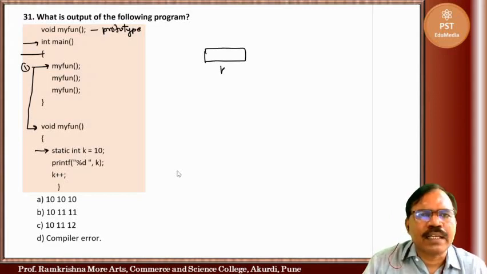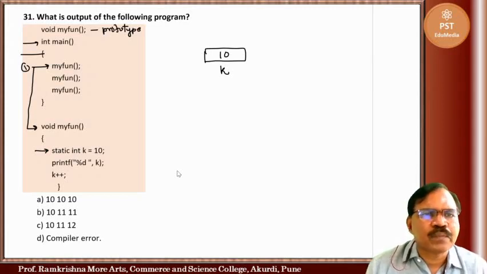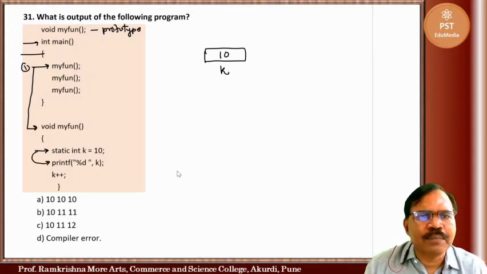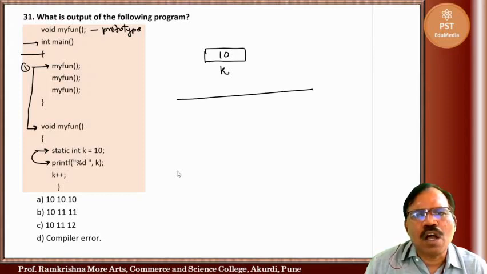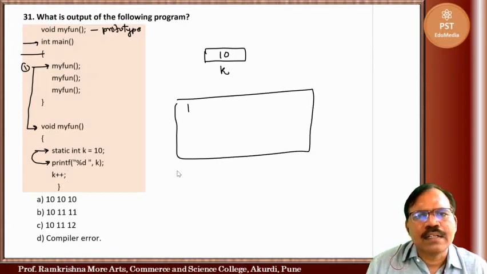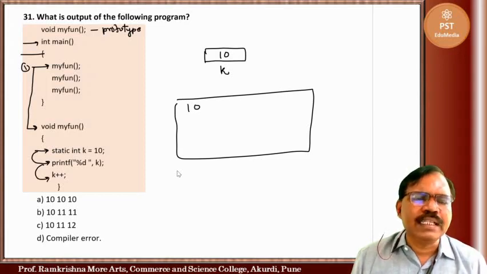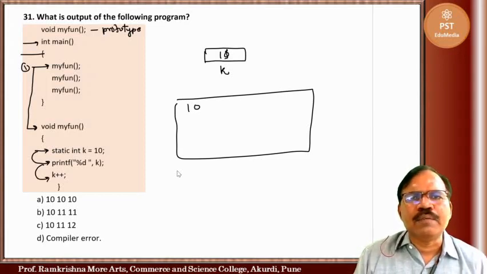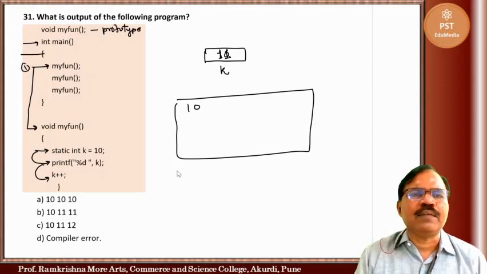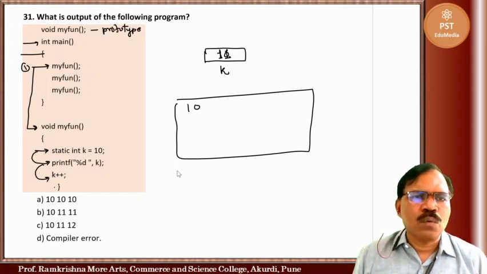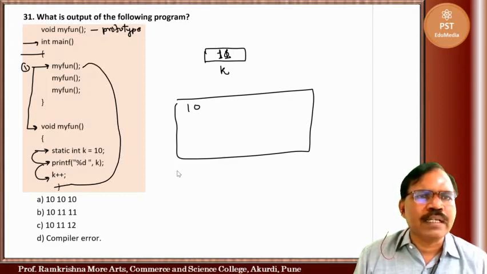So here k, 10 is stored here. Then what happens? Print %d k. So on the screen 10 is printed. Now k is increased by 1, so it becomes 11.